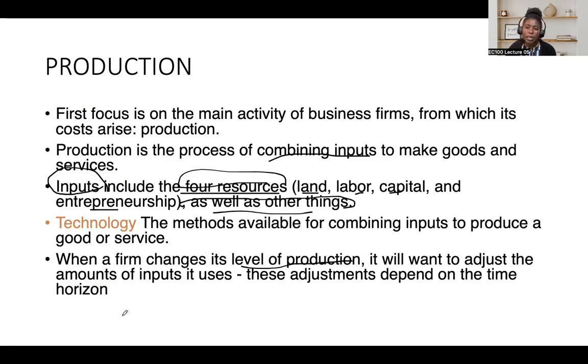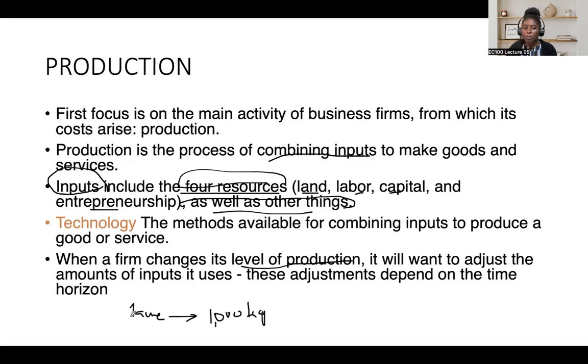So let's say you have just started your business, you have a farm of 1 acre. With 1 acre, you can produce maybe 1,000 kilograms of maize. I don't know if that's realistic, but it's just an example, okay?